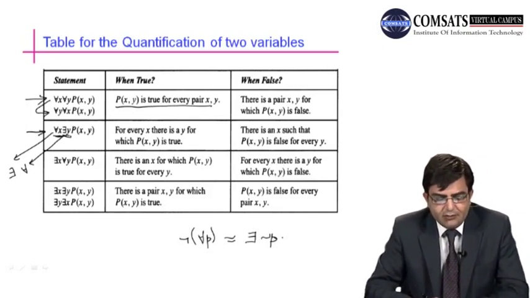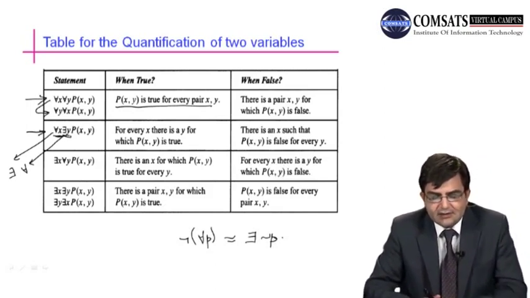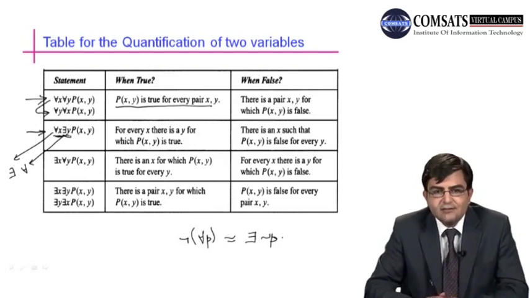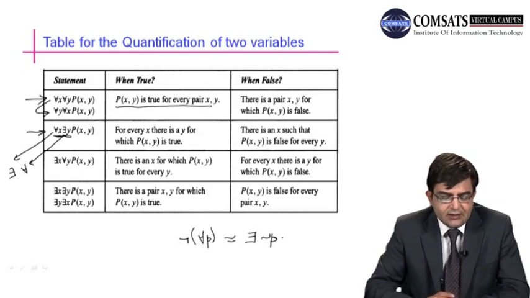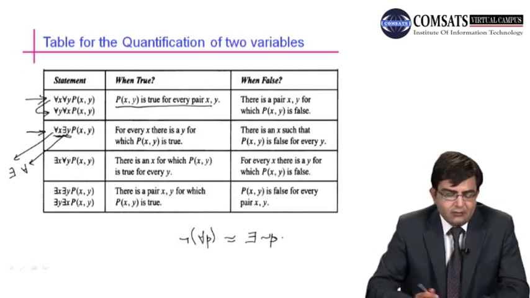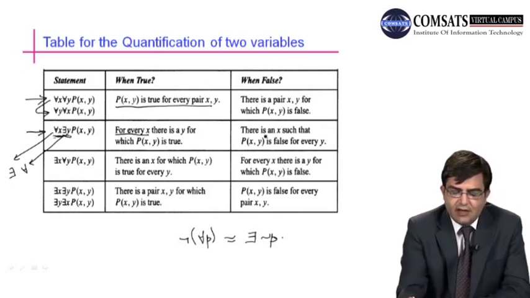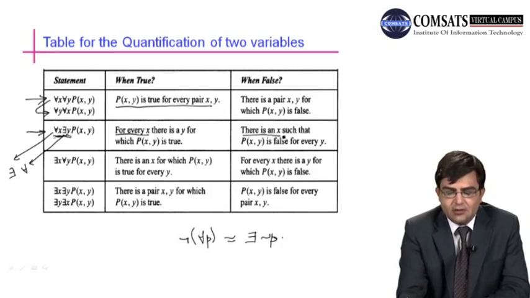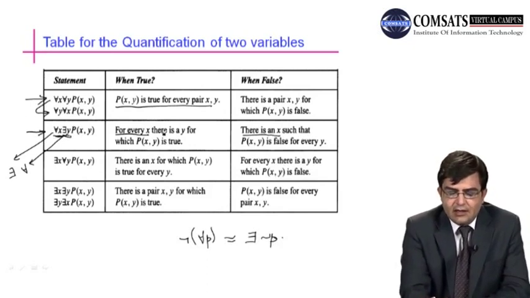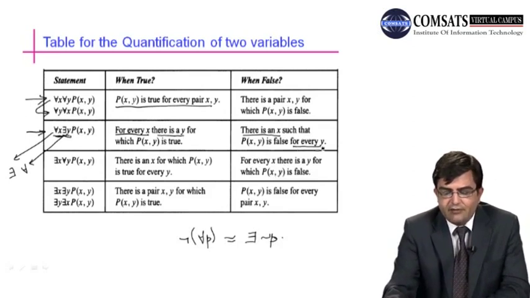So this statement will be false when there exists some x such that P of xy is false for every y. So we have inverted the quantifiers. For all means universal quantifier. Here we have for every x, here we have there is some x, and here we have there is a y, here we have for every y.